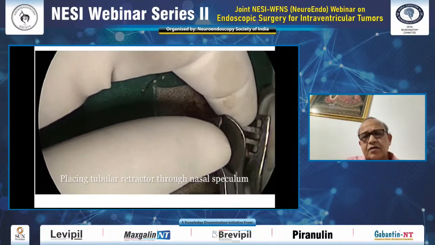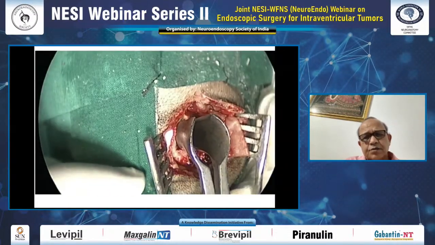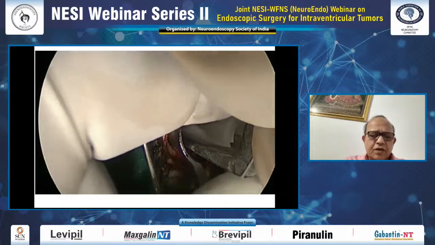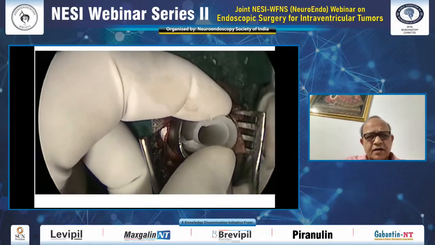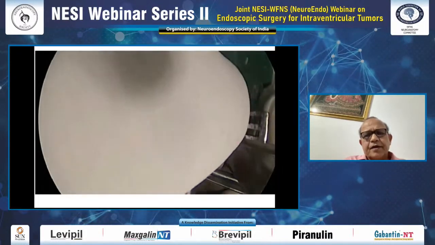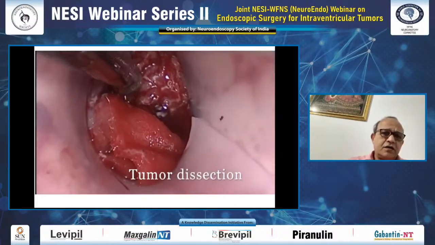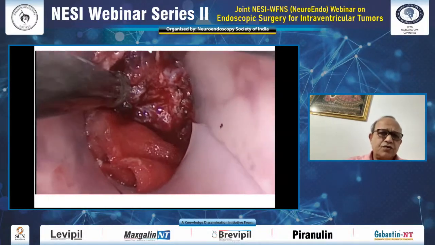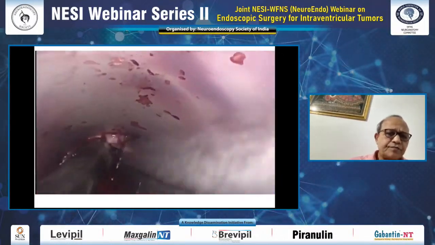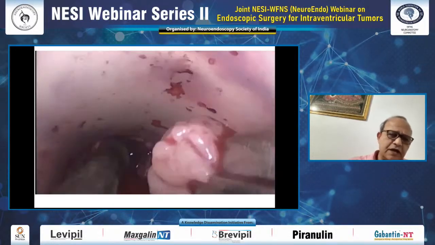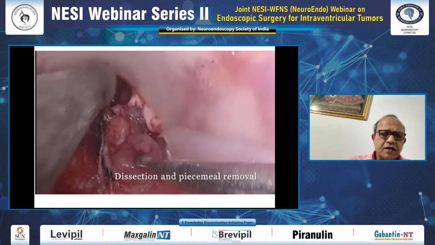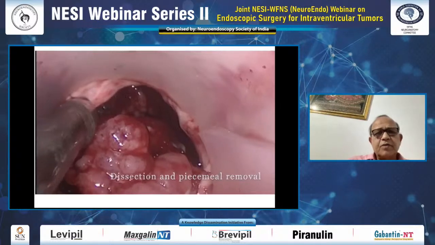So again, the nasal speculum is introduced in a closed limb position, the tubular retractor is placed, and the speculum is removed, and then the bimanual technique is used to remove the tumor using even conventional instruments like simple bipolar, or one can even use endoscopic bipolar.